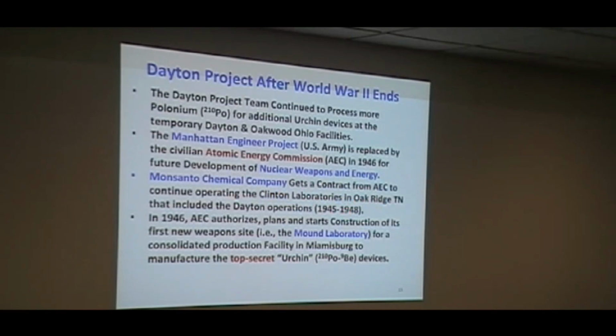And in 1946, the AEC wanted to consolidate all the polonium processing into one site, which turned out to be the Mound Laboratory built here in Miamisburg. And that's where we came from. The initial mission was to process the polonium and fabricate the Urchin devices for the first generation of weapon.